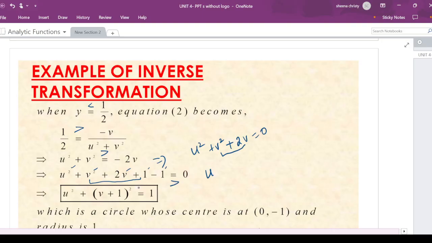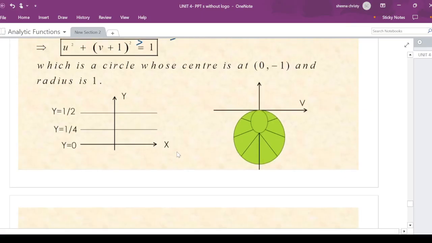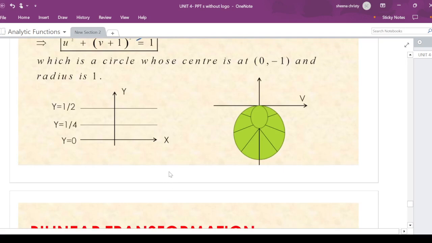So, these two represent that you have to consider a circle. Here y lies between 1 by 4 and 1 by 2, greater than 1 by 4 and less than 1 by 2. So, this part that is mapped onto this region.